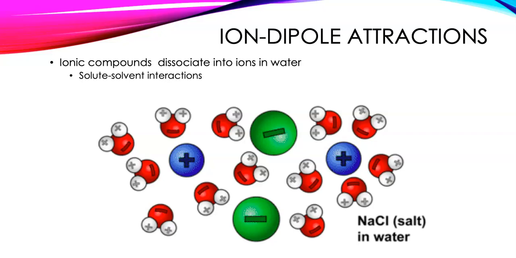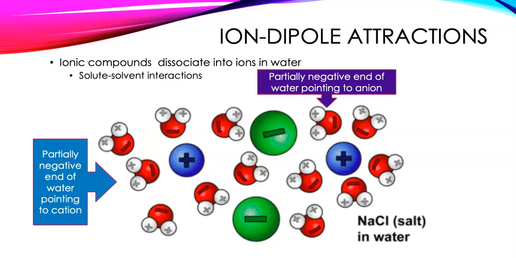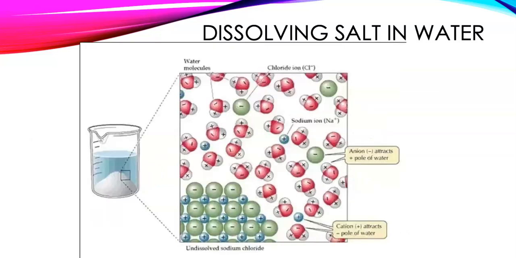That's really important. These solute-solvent interactions can be explained primarily through these ion-dipole attractions, at least for salts going into water. We can use other intermolecular forces to talk about other solute-solvent interactions, but they do come back. So I just wanted to point that out because it's a really important thing to notice.